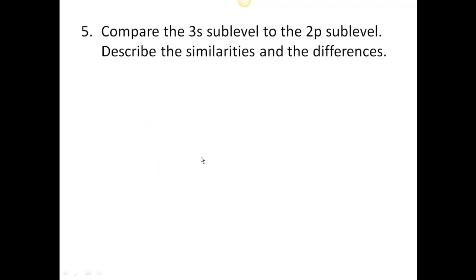How about the 3s and the 2p? Well, the 2p is closer to the atom because it's got a 2, so it's closer. But your S is spherical, and your p is dumbbell shaped.